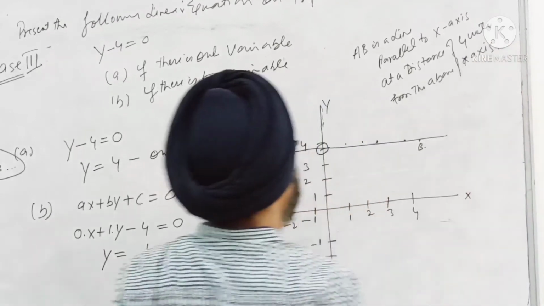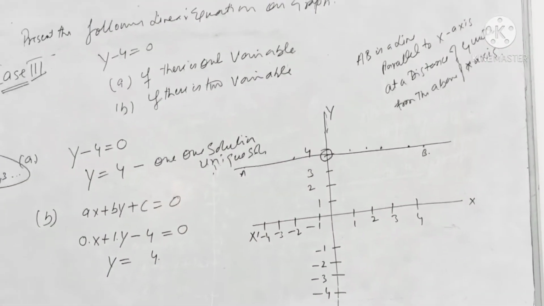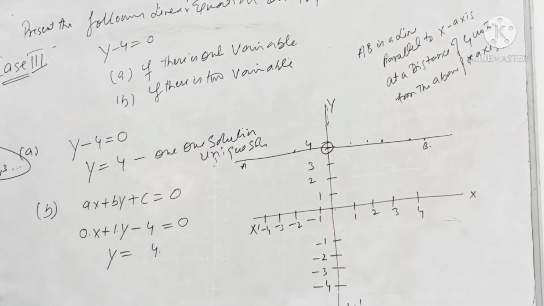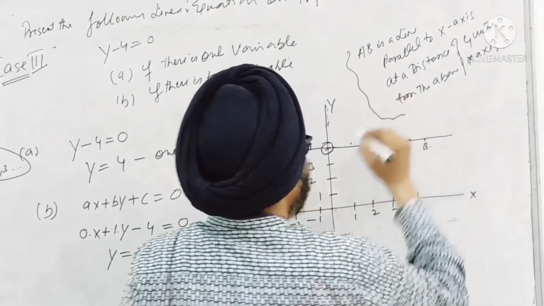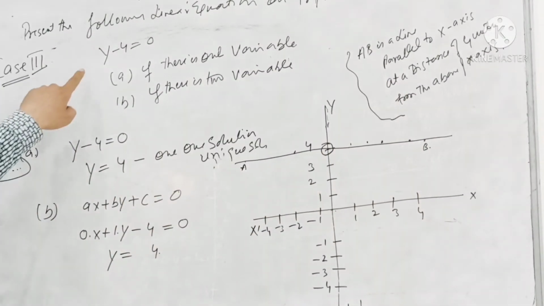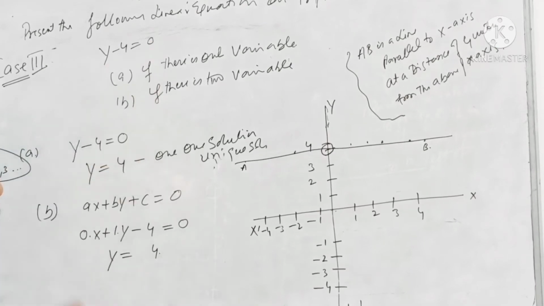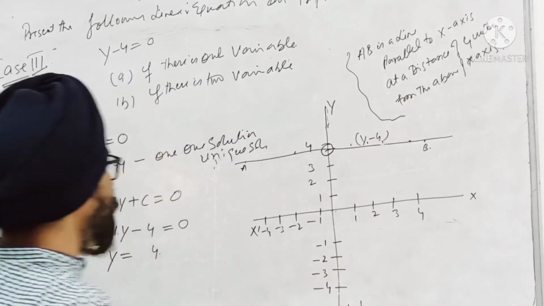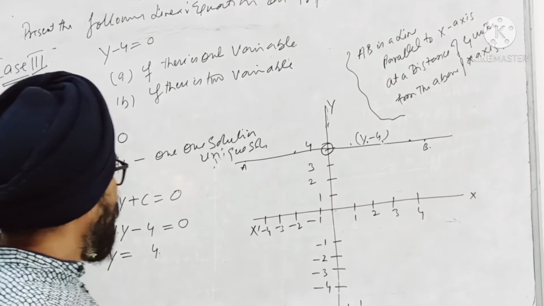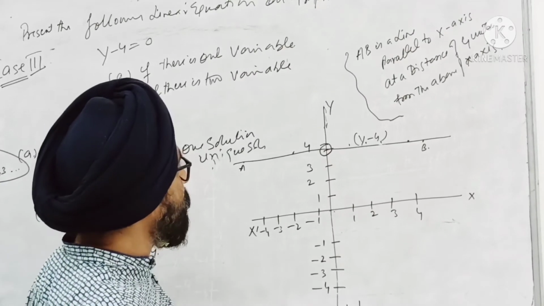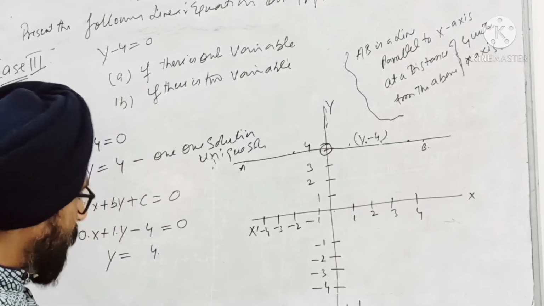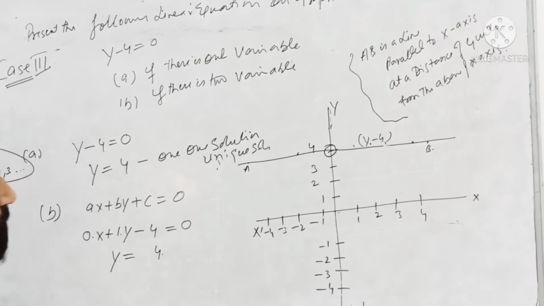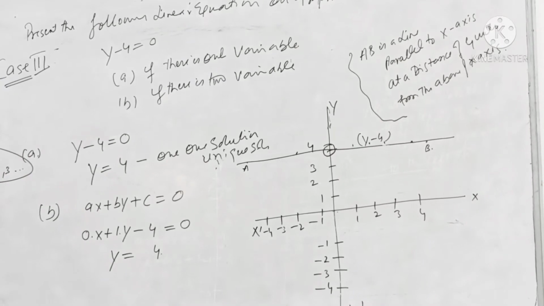So it is clear that for the linear equation y minus 4 is equal to 0, it will become a straight line, and AB is a straight line parallel to the x-axis at a distance of 4 units above the x-axis.